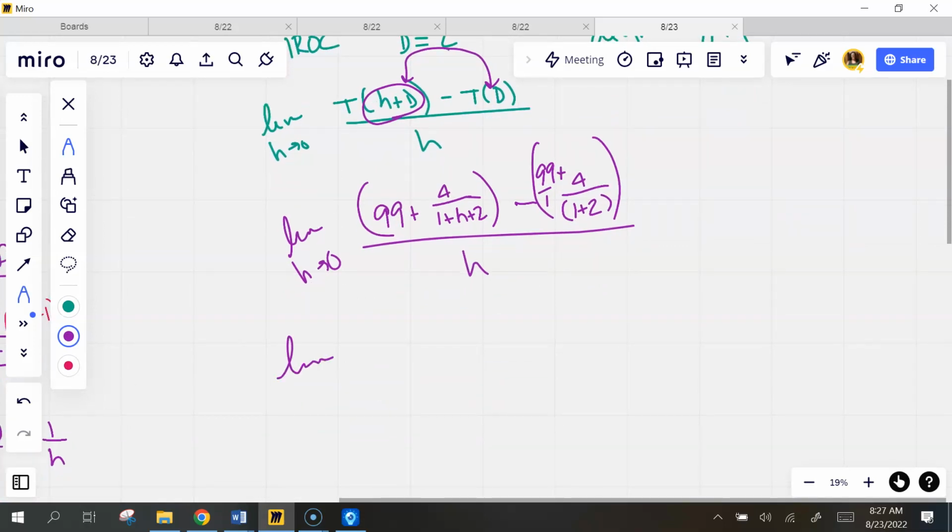So this ends up being the limit as h goes to 0 of, and I'm going to split this up. I'm going to bring this h over here, multiplied by the reciprocal, just so it's a little easier to work with. 99 plus 4/1 plus h minus.